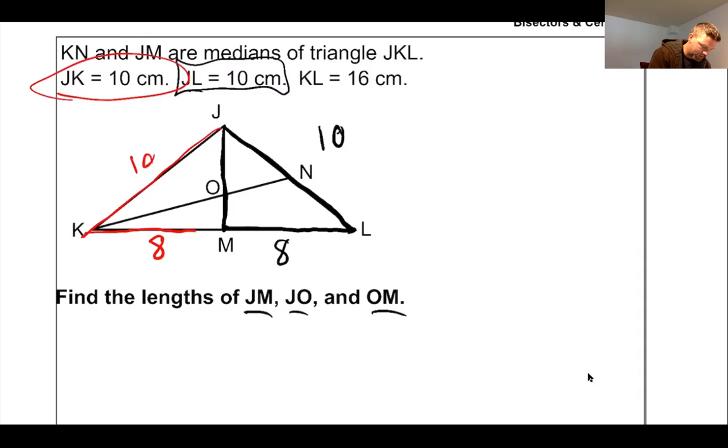Here we go. Take a look at that big triangle, KJL. KJL is an isosceles triangle. If it's an isosceles triangle, we know that the base angles are congruent.